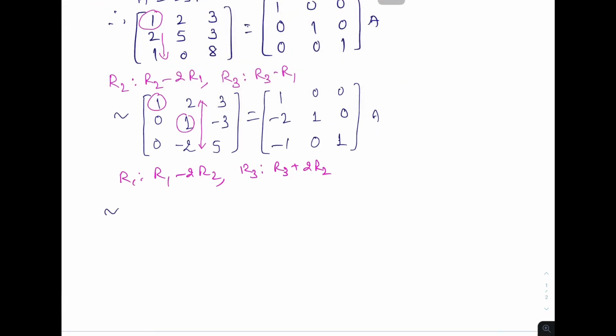So this one is now minus 2R2. So first row as it is 1, 2, second row as it is. Okay. 0, 1, minus 3.